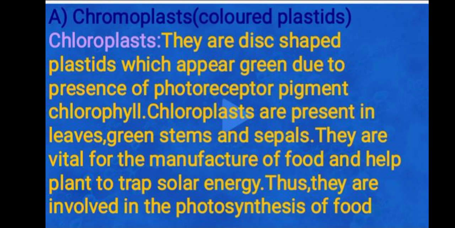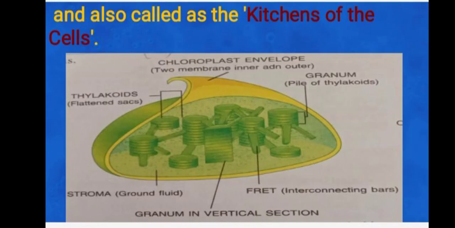They are vital for the manufacture of food and help the plant to trap solar energy. Thus, they are involved in the photosynthesis of food, and are also called the kitchens of the cells.